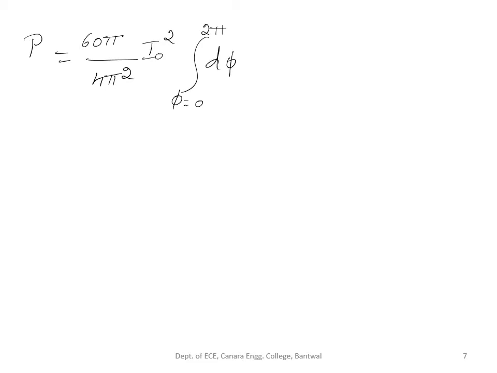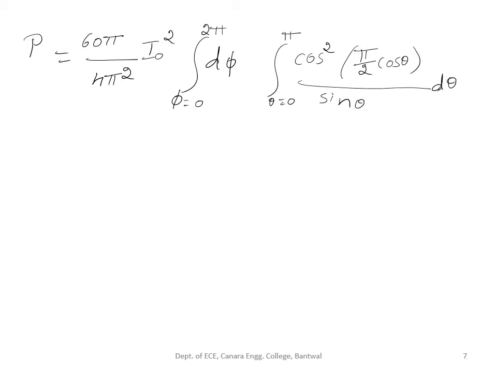From the previous line, radiated power is equal to 60 pi divided by 4 pi square into I naught square, integral phi equal to 0 to 2 pi d phi, integral theta equal to 0 to pi cos square of pi by 2 cos theta divided by sin theta d theta.